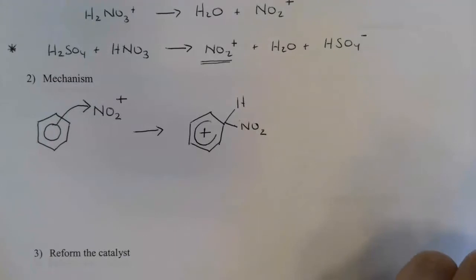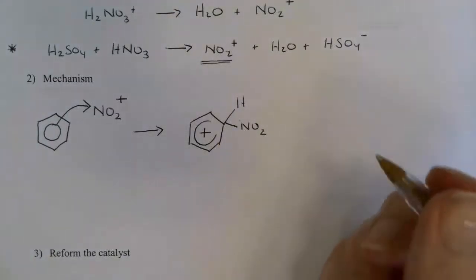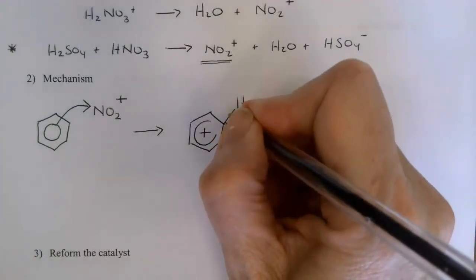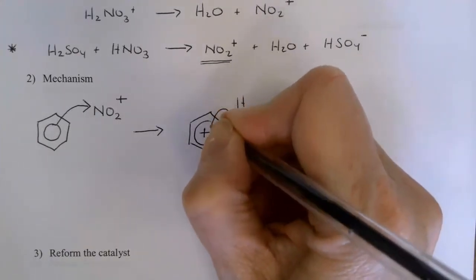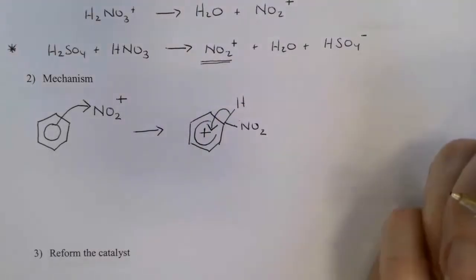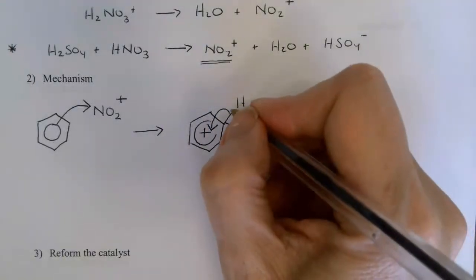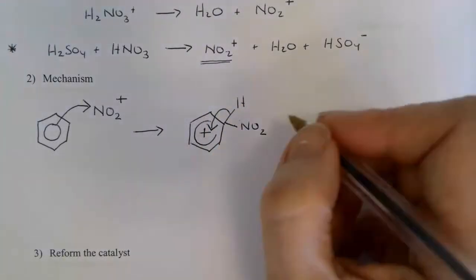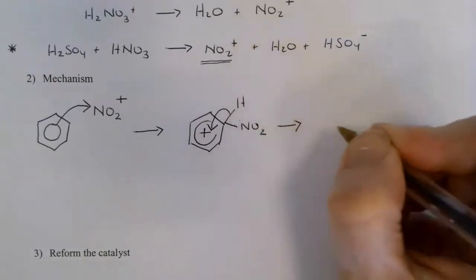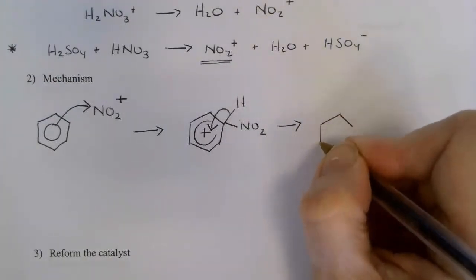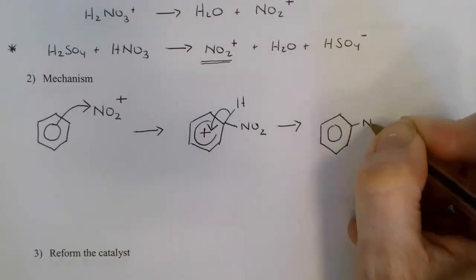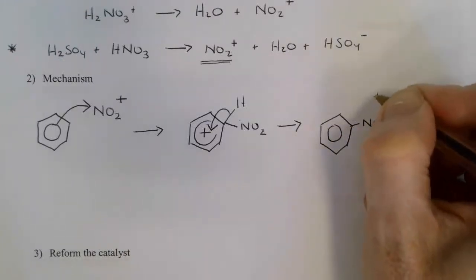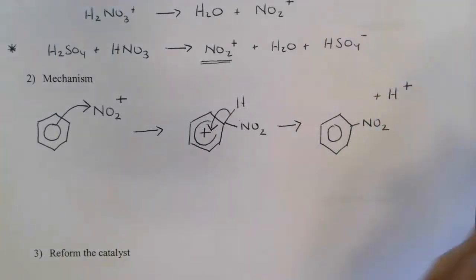Well, we now need to reform the ring because that's going to be really unstable. So we're going to take the electrons from the bond between the carbon and the hydrogen, and we're going to use those to put back into the ring. Again, notice I'm picking the electrons up from the bond. And I get my nitrobenzene product with my NO2 group on it, and I've got my hydrogen ion that has come off and come loose.